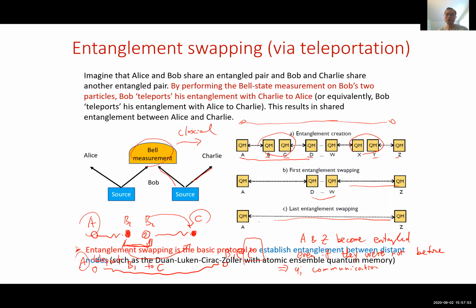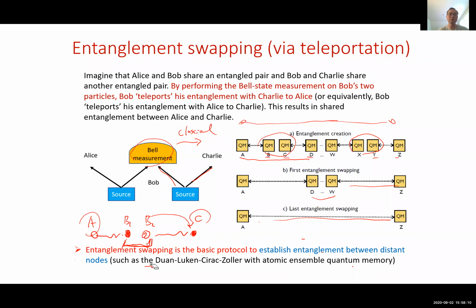So entanglement swapping is the basic protocol to establish long-range entanglement. That could be used to form a quantum internet.